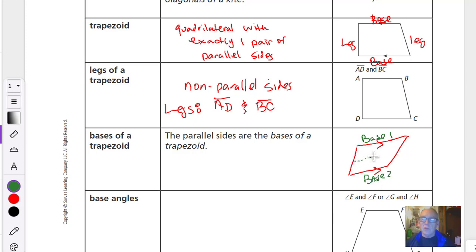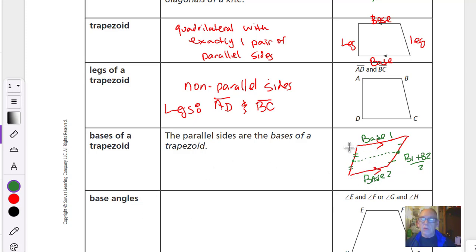And at some point, you'll see that the length of this mid-segment, which is the middle point of the two legs connected together, is actually base 1 plus base 2 divided by 2. It's actually the average of the two bases. Let's see.